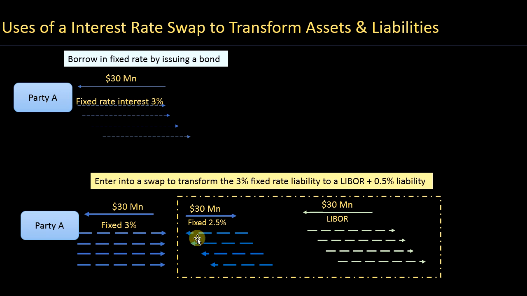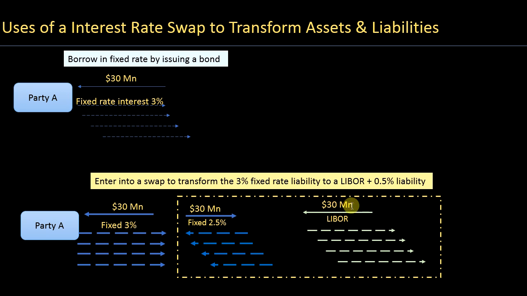So what you see inside this box is an interest rate swap. In this swap, you can see that firm A is receiving a fixed interest rate and paying a floating rate. The rate is LIBOR. Now this 30 million was only used for illustrative purposes. Remember, we do not exchange the principal on a plain vanilla interest rate swap. You can see that because it's the same figure in equal and opposite directions, they will get cancelled.